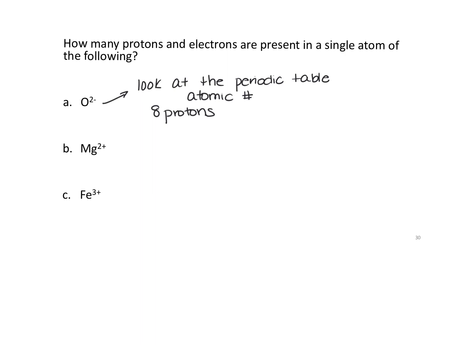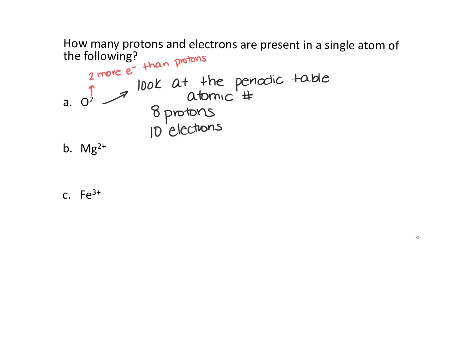Now, what this -2 tells me is that, look, this oxygen is an ion, and it has 2 more electrons than protons. That's what it tells me. So that means I have to add 2 to 8 to get my correct number of electrons. There's 10 electrons.